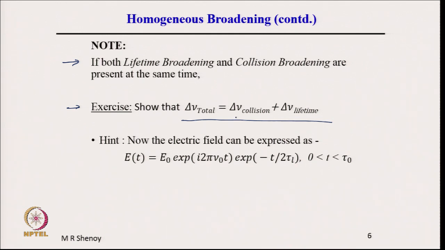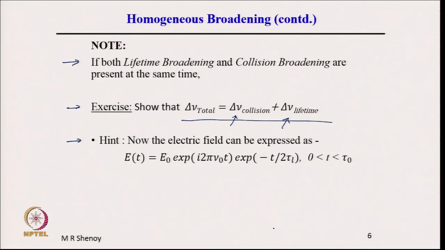Both the mechanisms are completely independent, this is due to finite lifetime of the level, and this is because of collisions, and therefore, the net delta nu will be the sum of these two. So, you can try to work this out as an exercise.